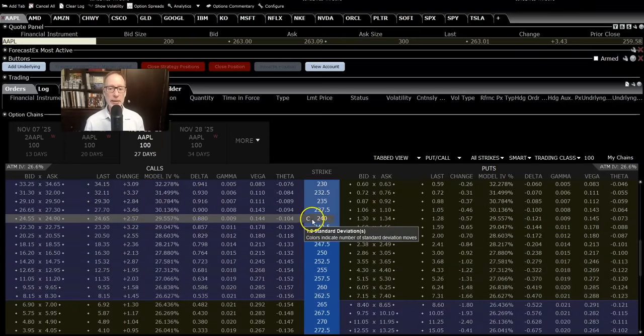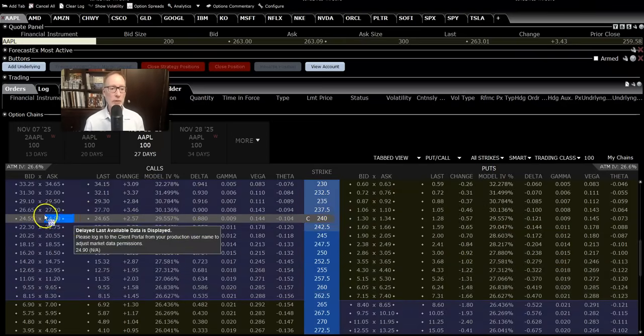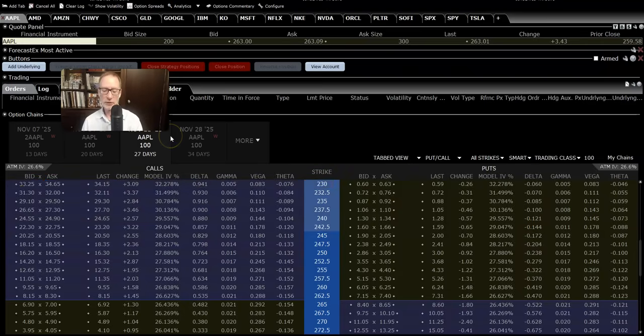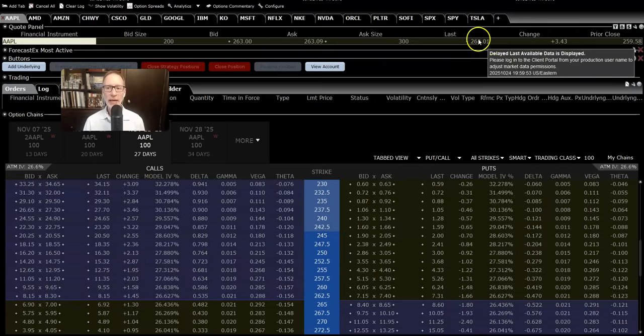If we were to buy the 237.5 calls for $27 per contract, that would put our break even at 237.5 plus 27. The break even would be $264.50, which is only $1.50 more that Apple has to get up to just to break even.